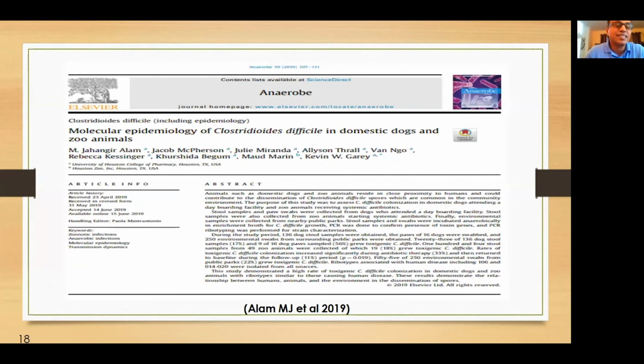We also did another study on domestic dogs and zoo animals in Houston area. In this study, we wanted to see whether these zoo animals and domestic dogs can be source of Clostridium difficile, and what's the impact of antibiotic use in zoo animals.